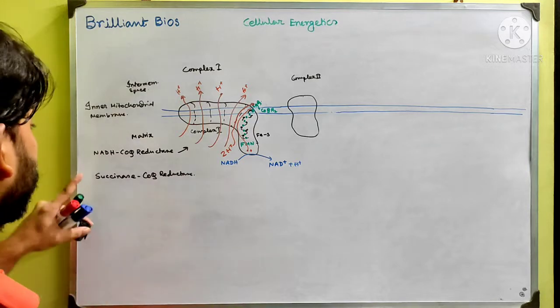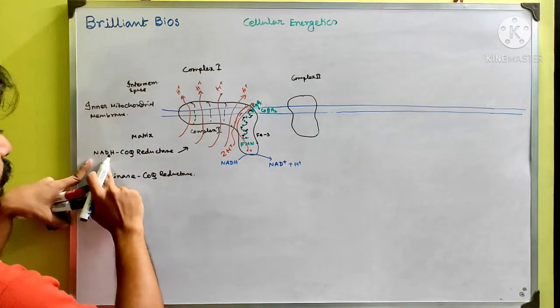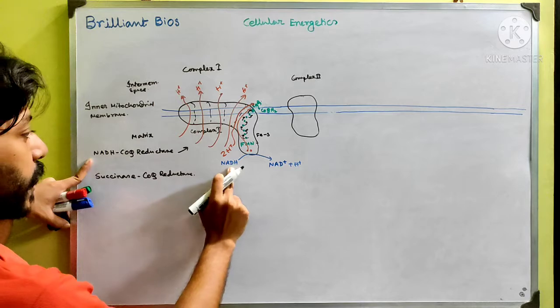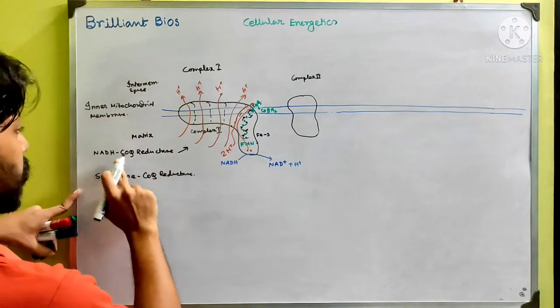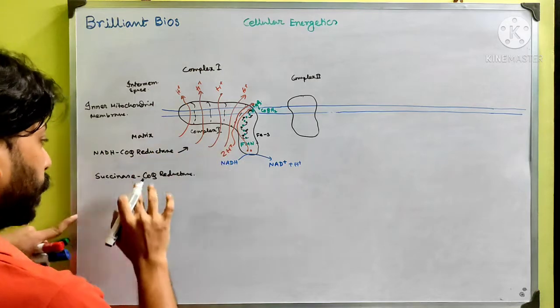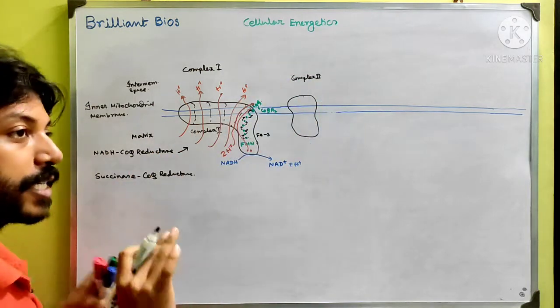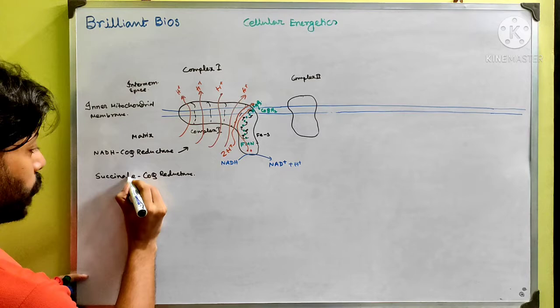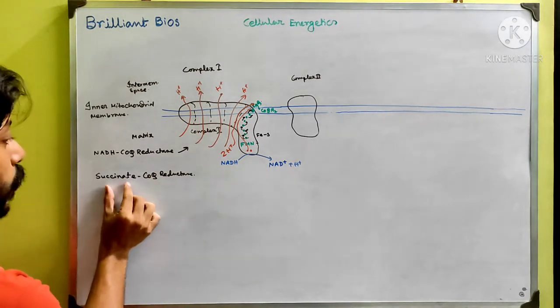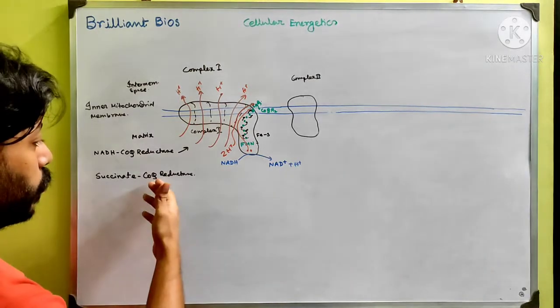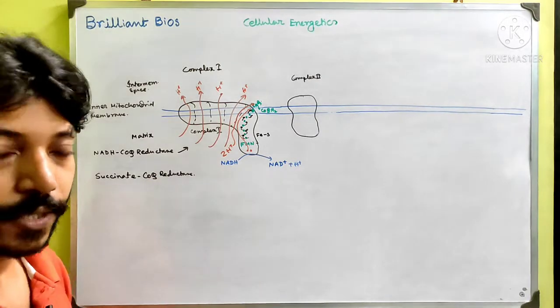As I have mentioned, for complex 1, NADH is oxidized and CoQ gets reduced, so it is called NADH CoQ reductase. The name of complex 2 also suggests its function, succinate CoQ reductase. That means here succinate gets oxidized and CoQ, the ubiquinone, gets reduced.